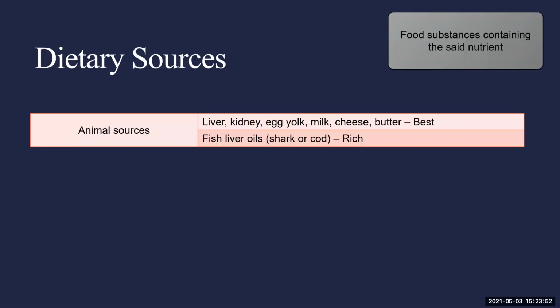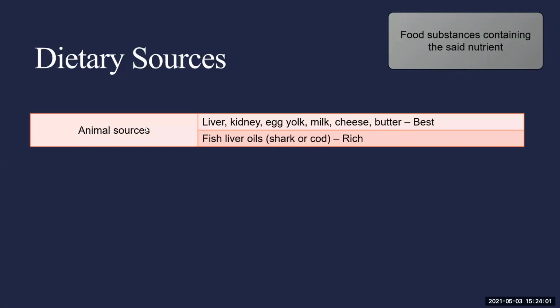A rich source is the gap between best and good. Understand this slowly. This is the basic categorization of the quality of dietary sources, based on the concentration of the nutrient in the food products. Here we'll focus on rich, best, and good sources.